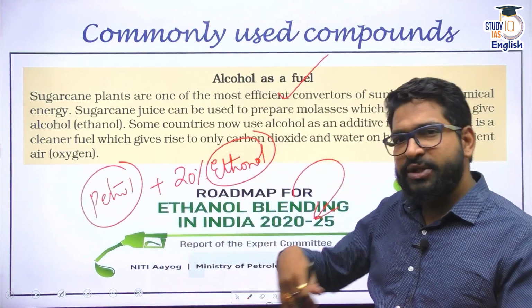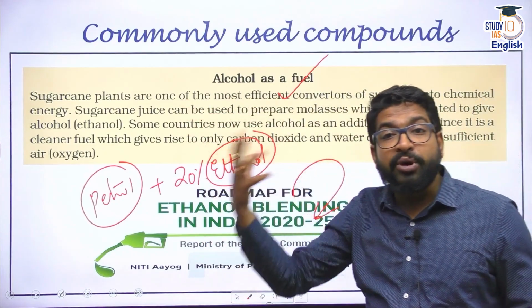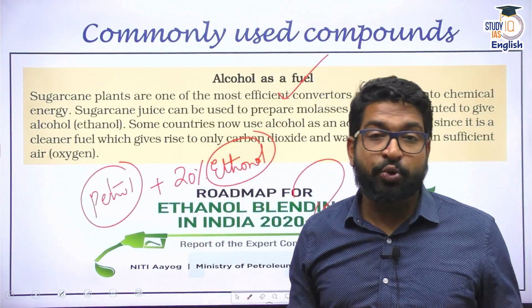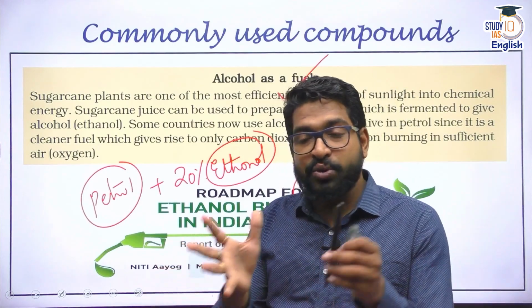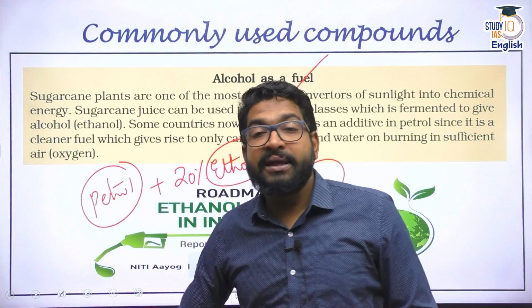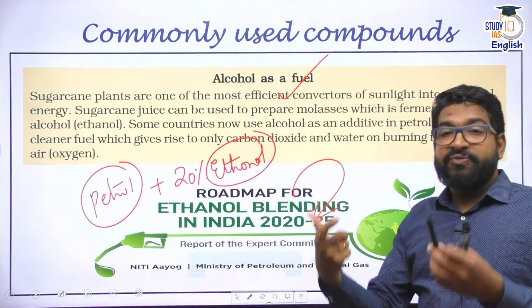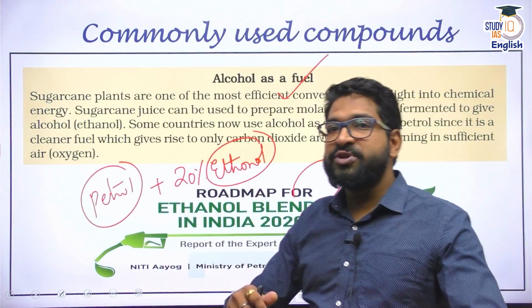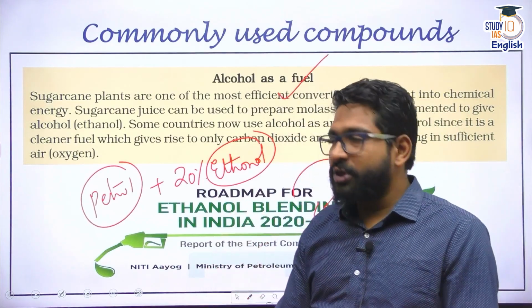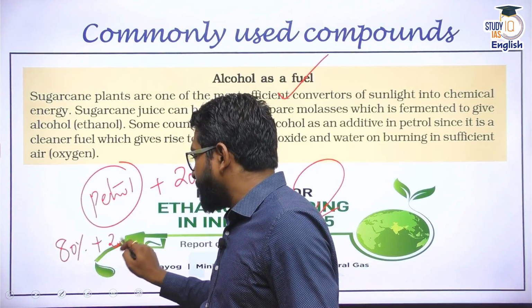Already 5% ethanol blending is happening, and that's why ethanol is being produced more and more in our sugar industry. The cooperative sugar factories that are running are producing ethyl alcohol, ethanol, from the molasses, and they are supplying that to the oil companies. That means the fuel that you are using right now, or which we will be using in future, will have 80% petrol plus 20% ethanol.